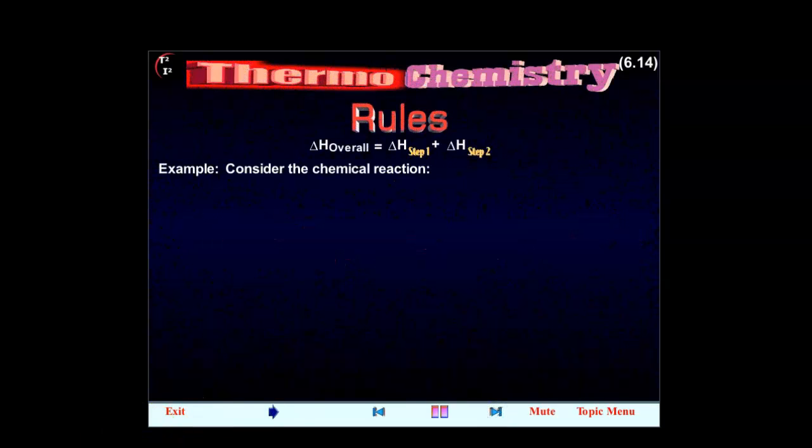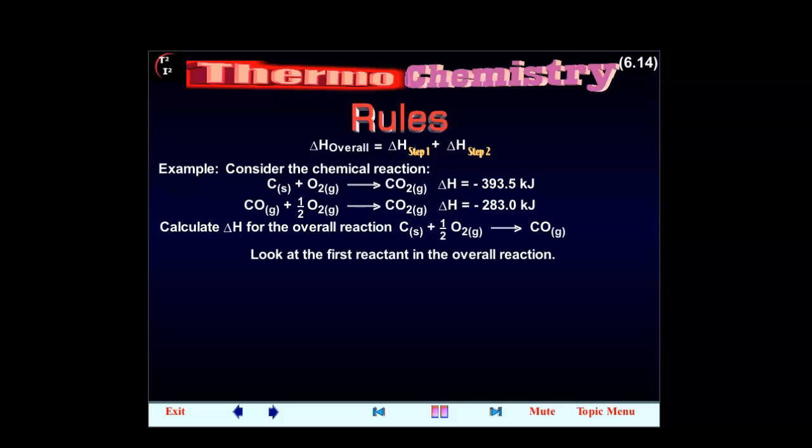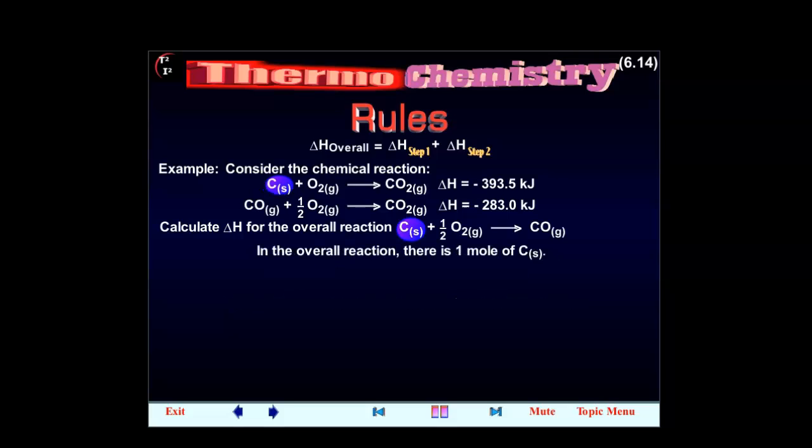Example: consider the chemical reaction. Calculate delta H for the overall reaction. Look at the first reactant in the overall reaction. Look for the same chemical in the steps. In step 1, carbon is a reactant as it is in the overall reaction. In the overall reaction, there is 1 mole of carbon. In step 1, there is 1 mole of carbon.